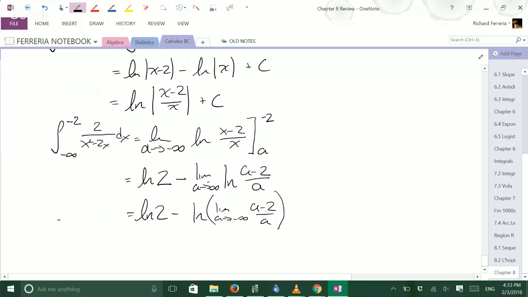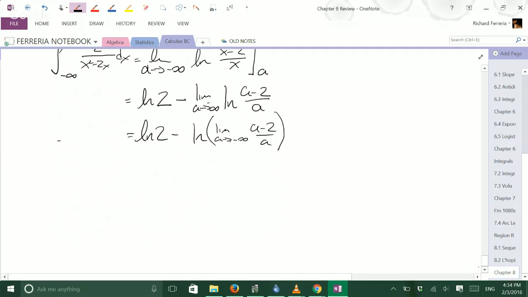What is this limit? It's definitely 1. And that's done. Natural log of 1 is 0, of course.